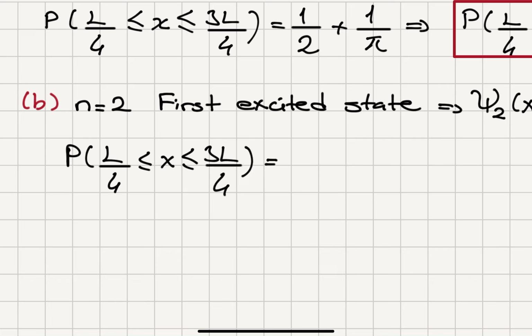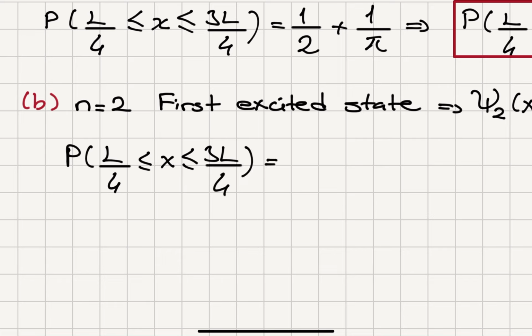is the integral. Square root of 2 over L, squared, will give me 2 over capital L. Now I have to integrate between L over 4 and 3L over 4. This time sine squared 2 pi x over L, dx. And I can use the same trigonometric identity again.